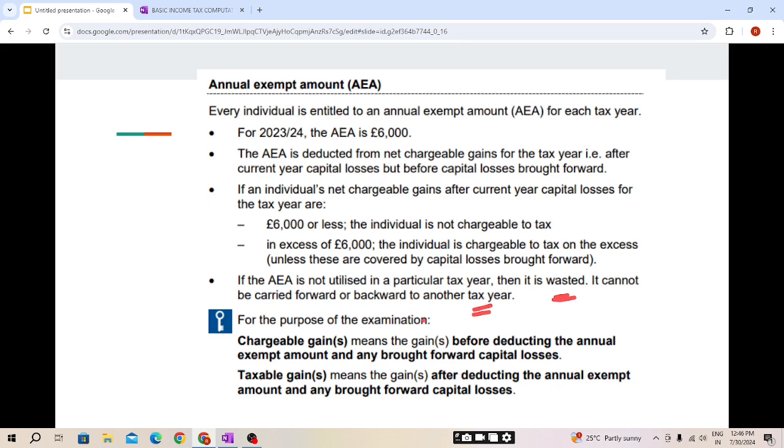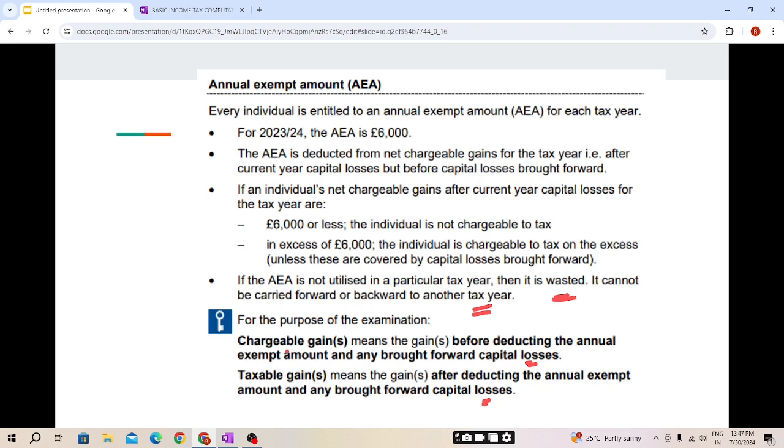For the purpose of the examination, chargeable gains means the gains before deducting the annual exempt amount and any brought forward capital loss. Taxable gain means the gains after deducting the annual exempt amount and any brought forward capital loss.